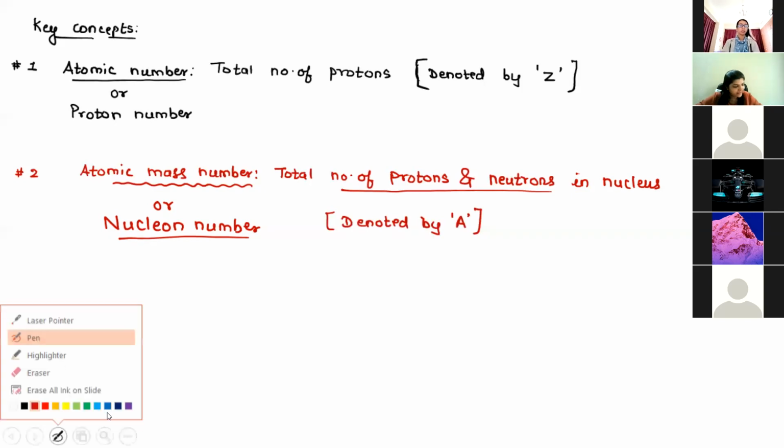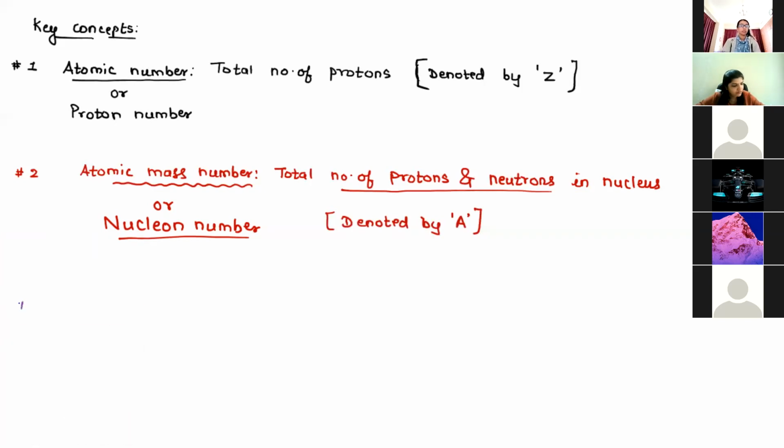Then the third concept is neutron number. Neutron number is the total number of neutrons. How do we calculate it?